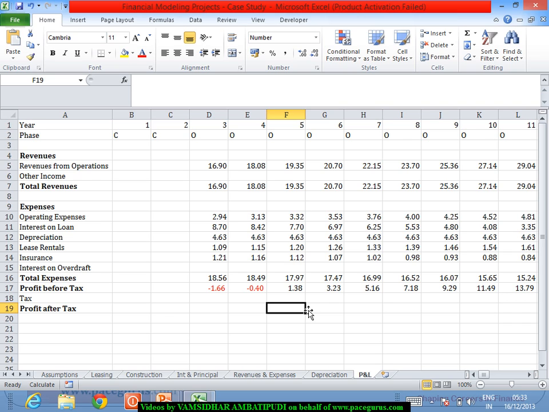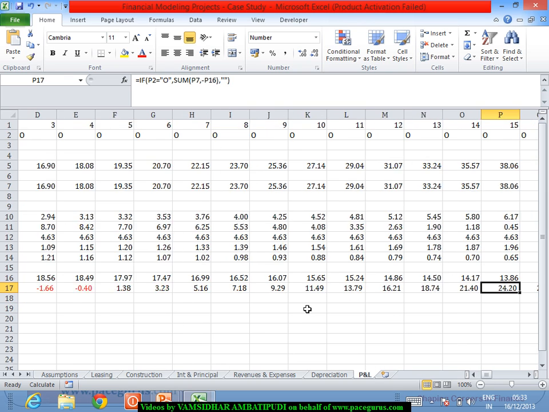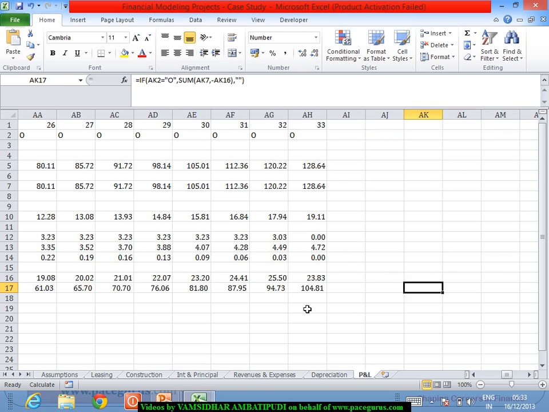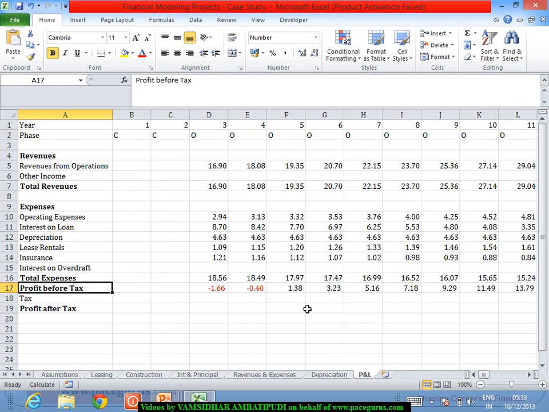So in the first 2 years there is a possibility of a loss, but as the period progresses, we are generating huge positive profits over the periods. Okay, something good for the project, but we have to see overall.